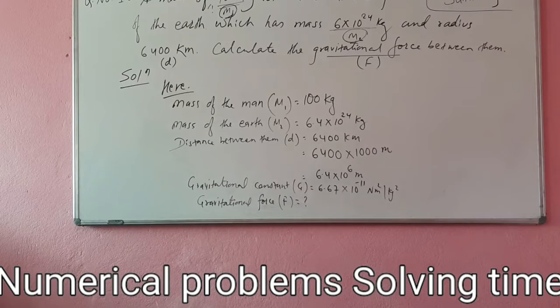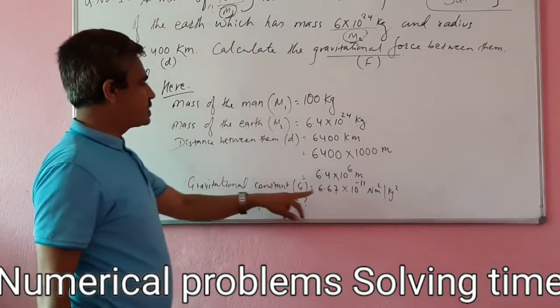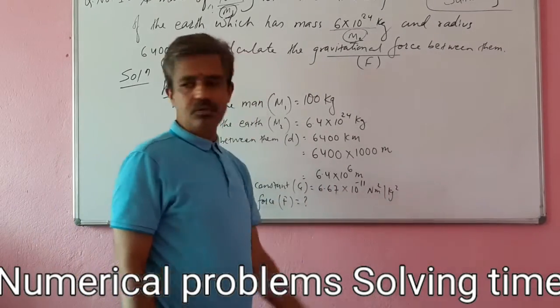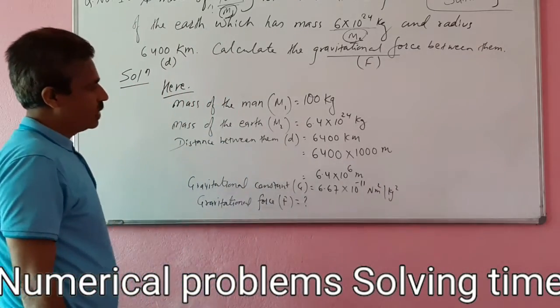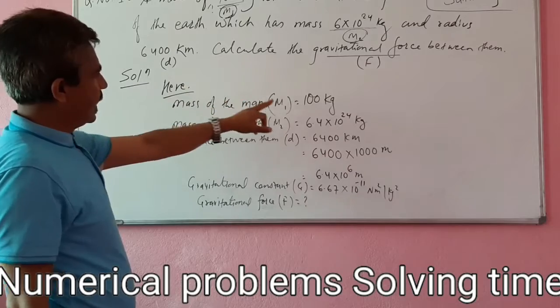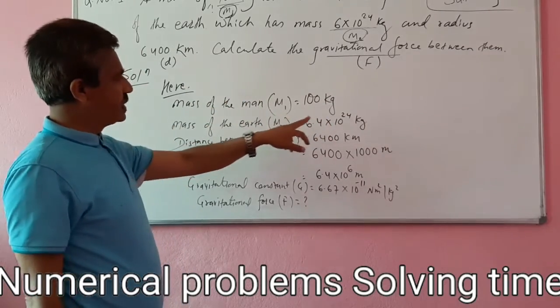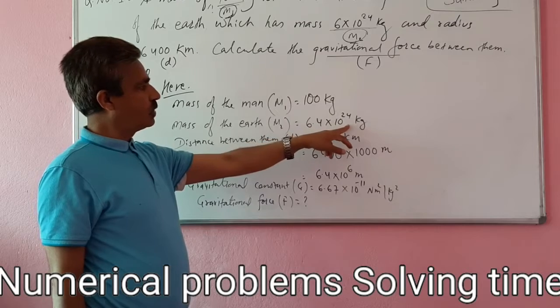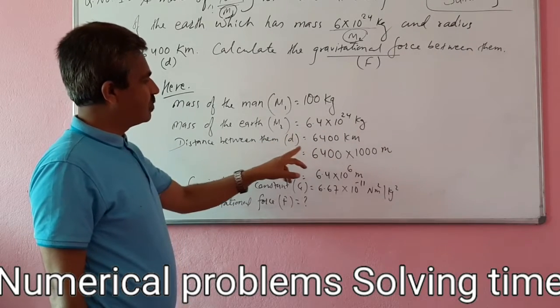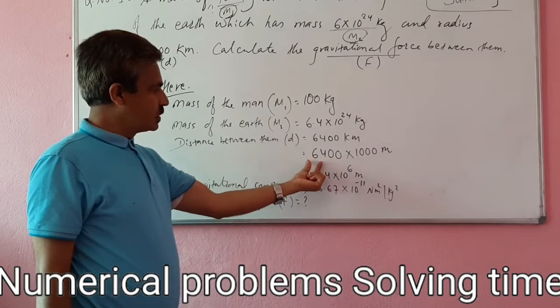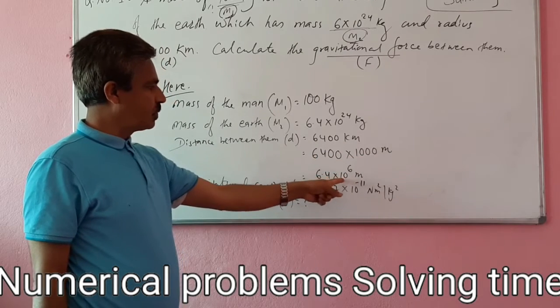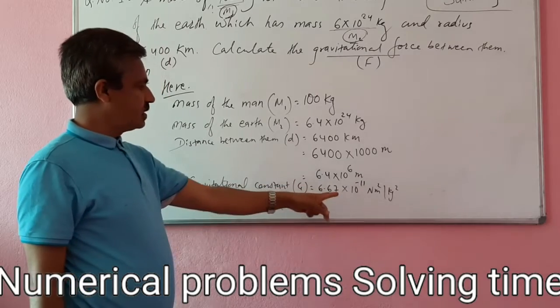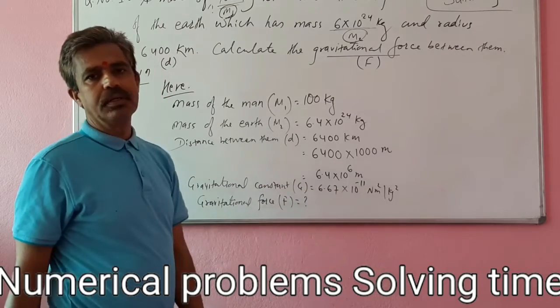G M1 M2 by D square. One thing you have to keep in mind, the value of capital G is constant, 6.67 times 10 to the power minus 11 Newton meter square per kg square. In this question, M1 is 100 kg, M2 is 6.4 times 10 to the power 24 kg, and D, the distance between them, is 6400 kilometer, 6400 multiplied by 1000, 6.4 times 10 to the power 6 meter. Gravitational constant is given, gravitational force we have to calculate.